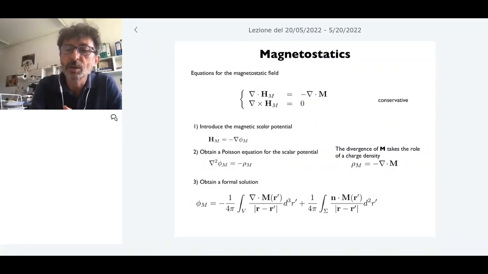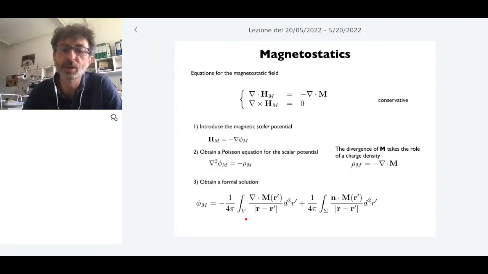So the formal solution is written by separating a term which is an integral over the volume and another term which is an integral over the surface. If you work this out, you will find that the term integrated over the volume still depends on the divergence of the magnetization itself, so the derivative of the magnetization, where the magnetization changes in space.